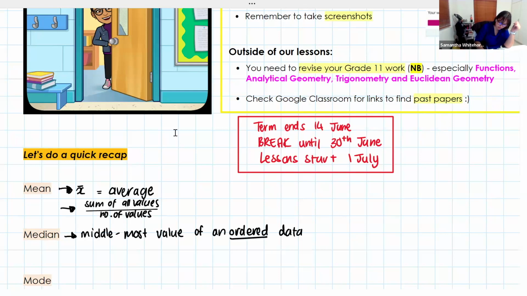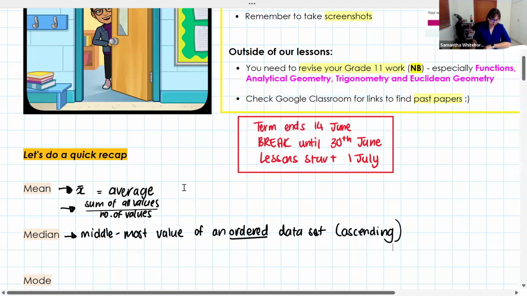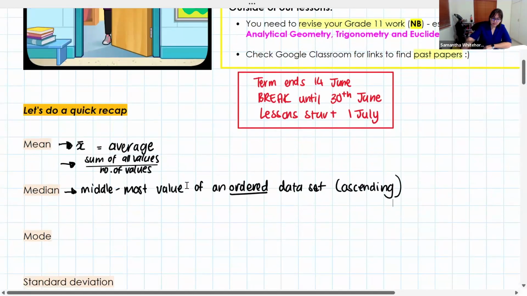Now, when I say ordered, I mean we need to put it in ascending order. So we arrange it from smallest to biggest. That'll help us with other things later on as well. But it needs to be an ordered data set. 9 times out of 10, we do give you an ordered data set, but sometimes we don't, and you would need to first put it in order before you can go and find things like a median, your quartiles, etc., etc.